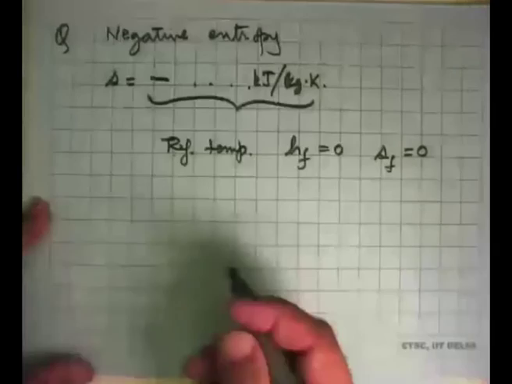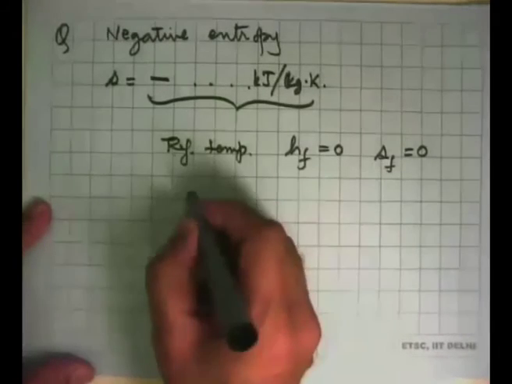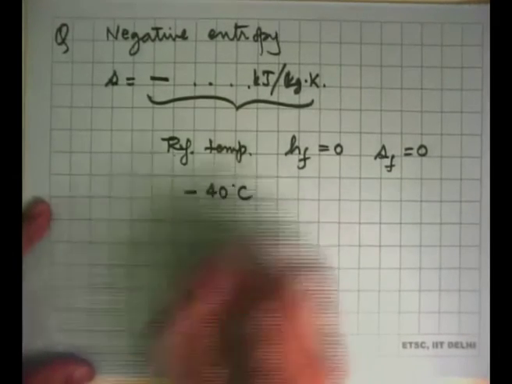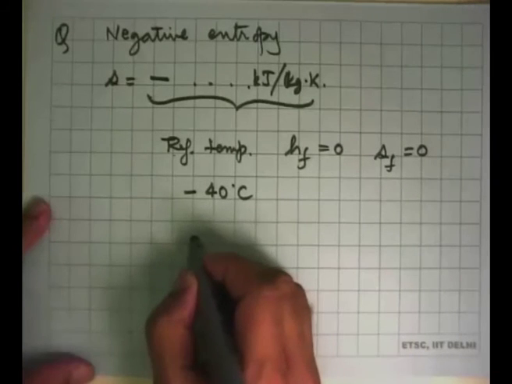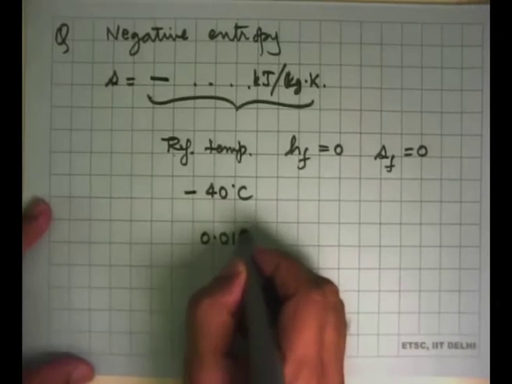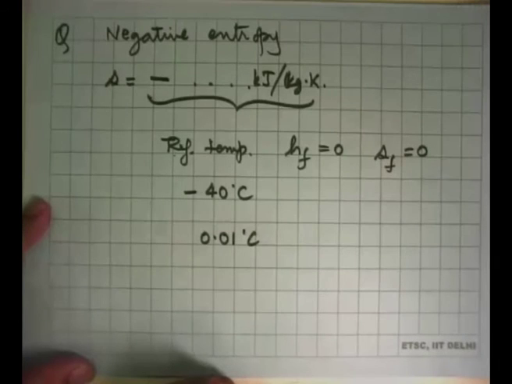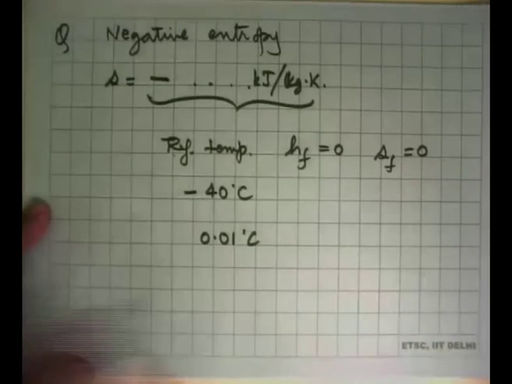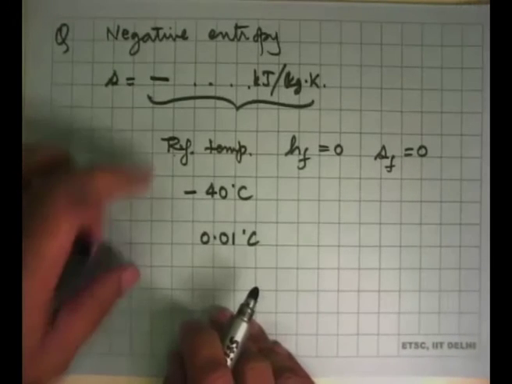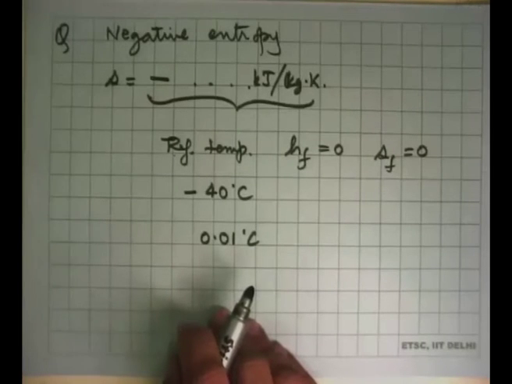So take for instance ammonia, where the reference temperature is say minus 40 degrees Celsius. Water is 0.01 degrees Celsius. And for different substances, we can pick that. We do that because it's only a constant offset from all the properties.